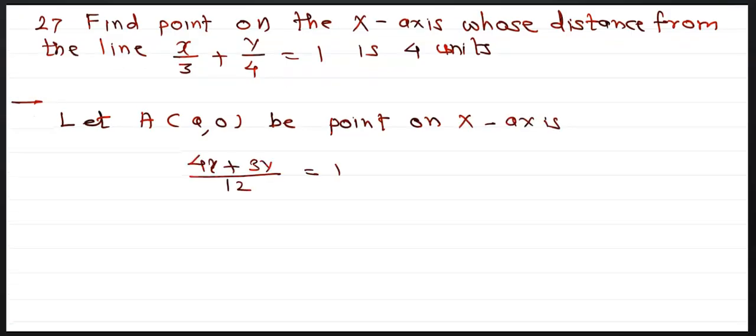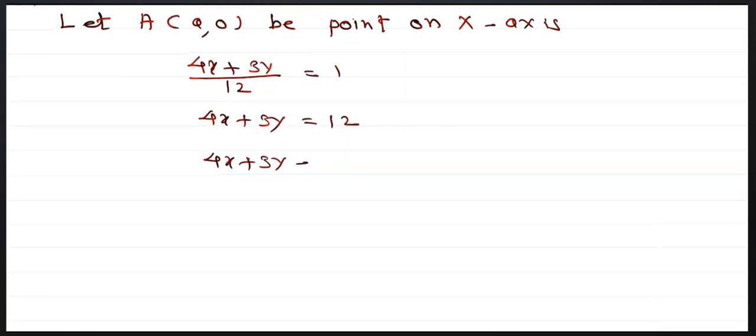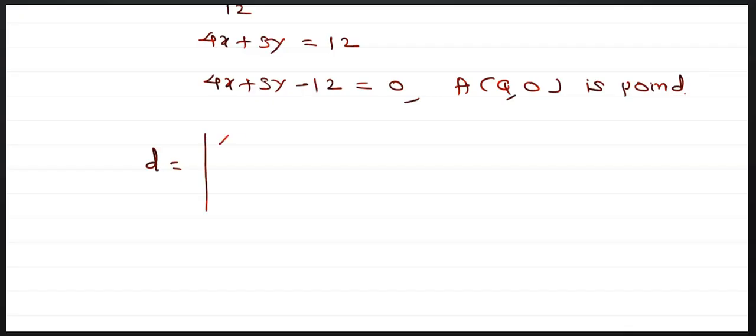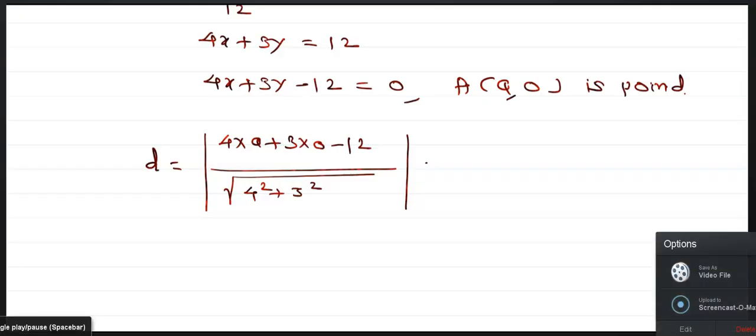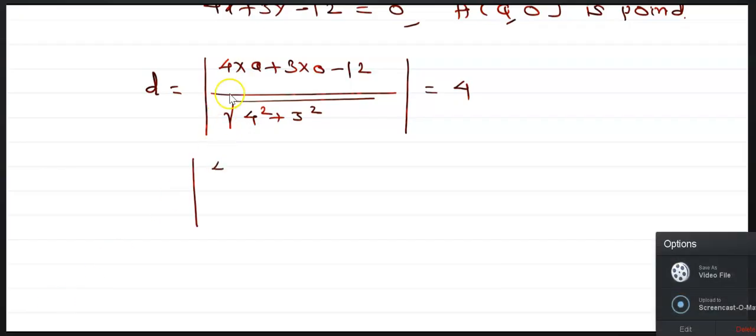Now this is the point A, let it be the point on the x-axis. A is a point on the x-axis. Now the distance of this point, that is x is replaced by a and y is replaced by 0.